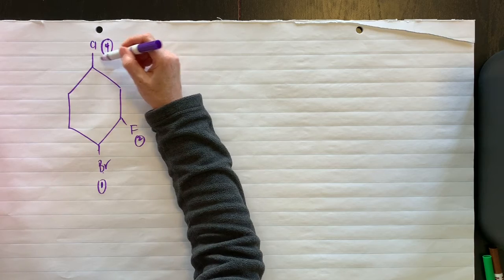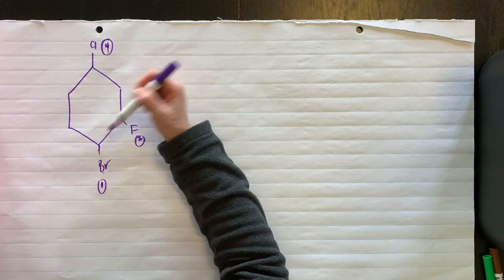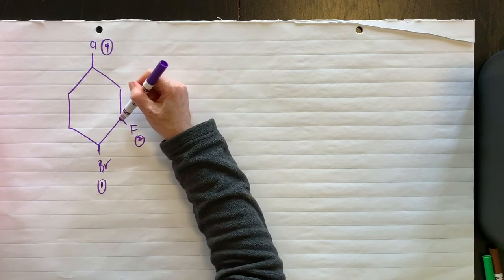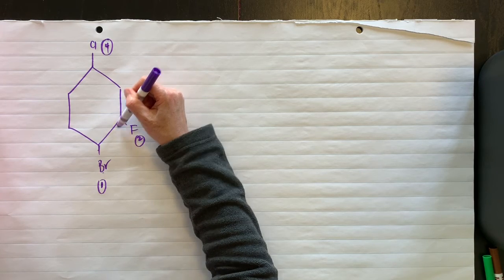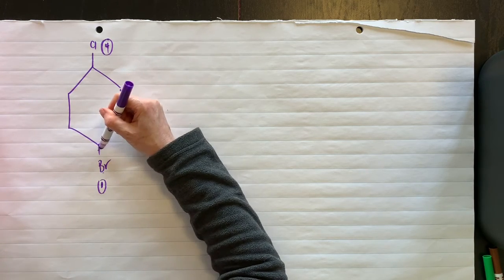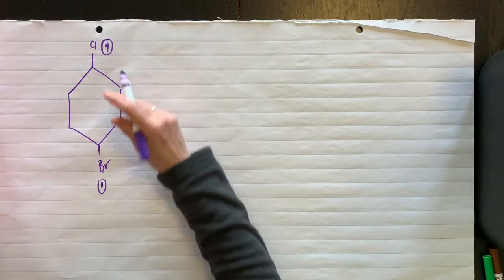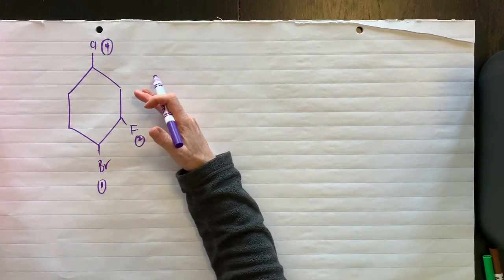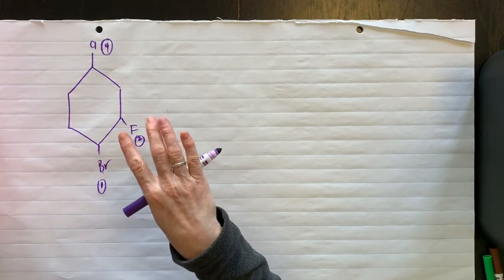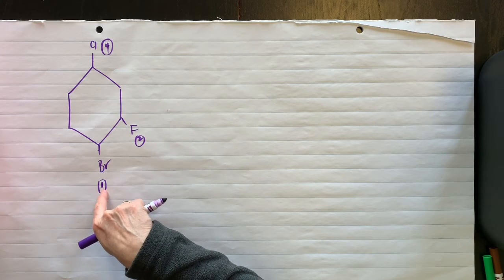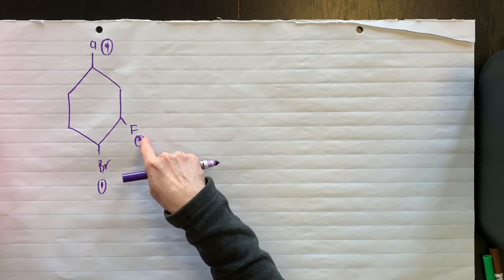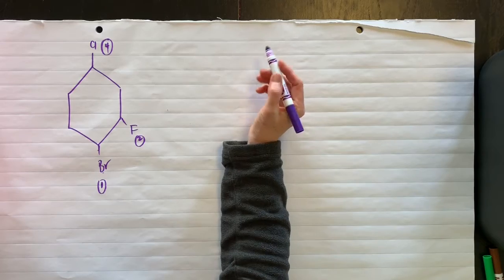If I went this way, I'd have 1, 3, 4, so that's not so good. Alternatively, I could start here and go this way, and I'd have 1, 2, 5. So this question is easier than the previous one because there's only one way to number this with the lowest substituent groups. It'd have to be bromo in the 1 position, fluoro in the 2, and chloro in the 4.